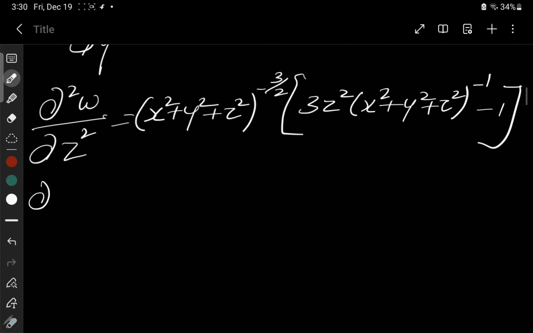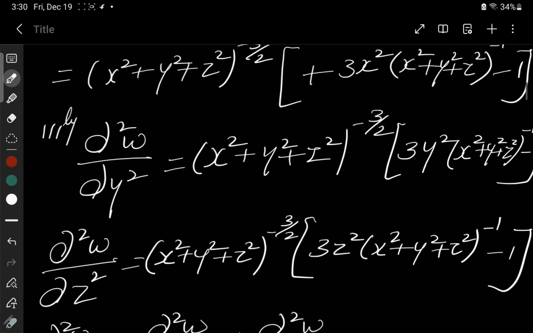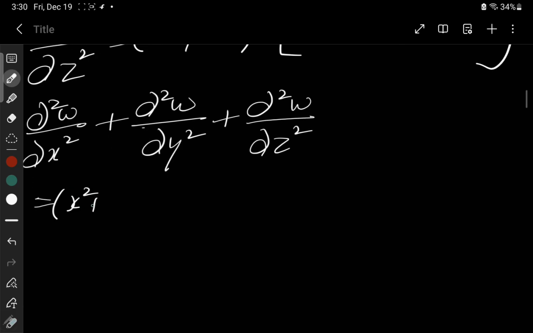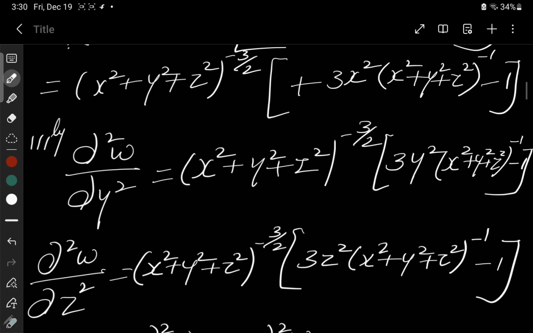Now add dou squared w by dou x squared plus dou squared w by dou y squared plus dou squared w by dou z squared. This is equal to, see, there is a common term in all the cases. So let me write it as it is outside, x squared plus y squared plus z squared whole power minus 3 by 2. Inside the bracket, here you have this minus 1 term.